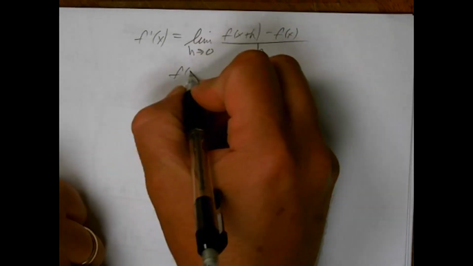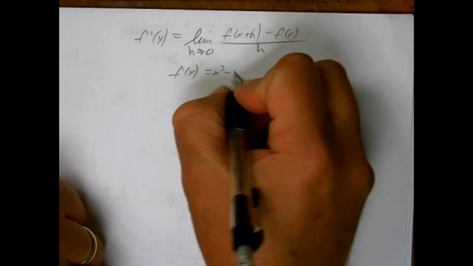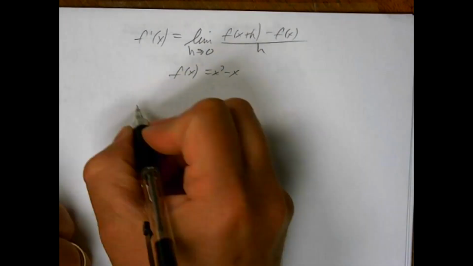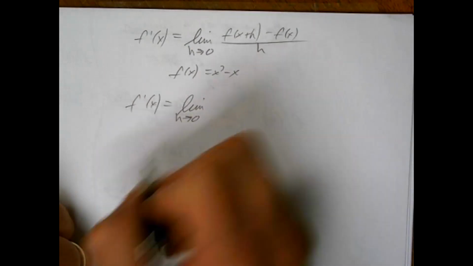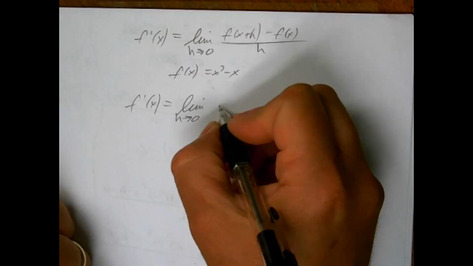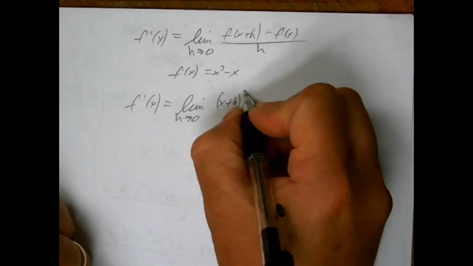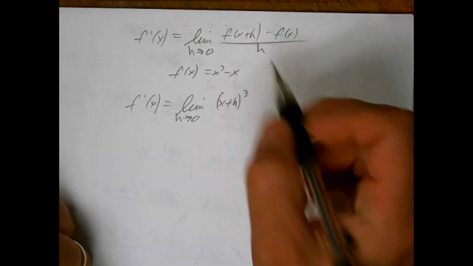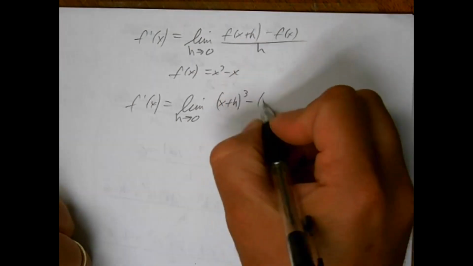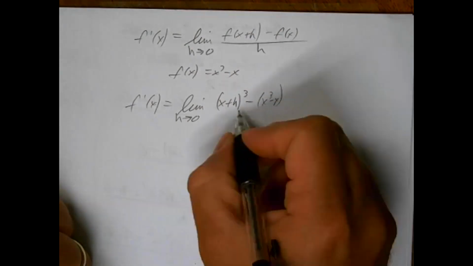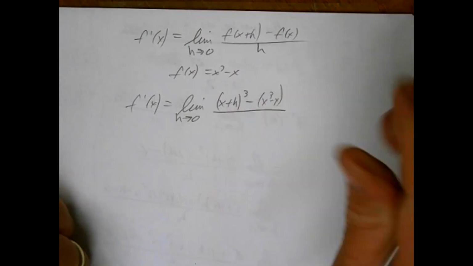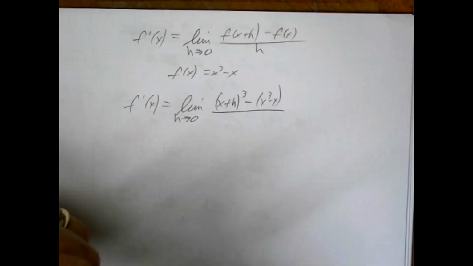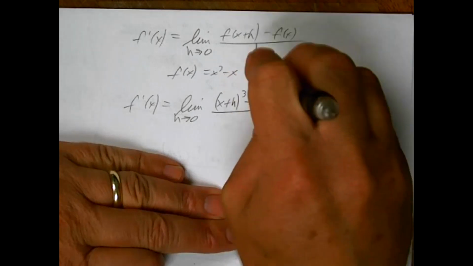And for f of x, then x cubed minus x, this is going to be the limit as h approaches 0 of x plus h cubed, because that's the f of x plus h, minus x cubed minus x, because that's the f of x, all over, okay, oh, hold on, I forgot one, missed a piece of the function, apologize.